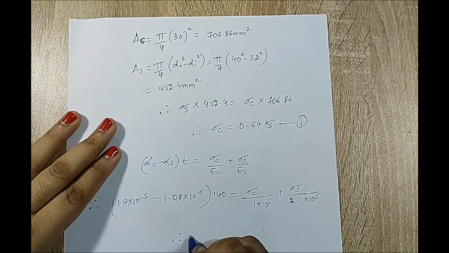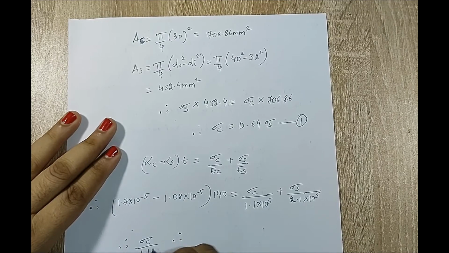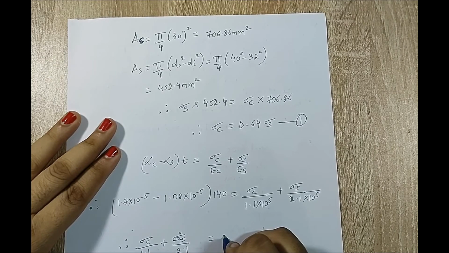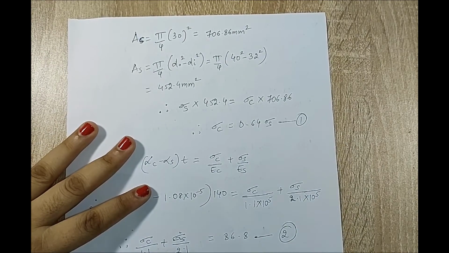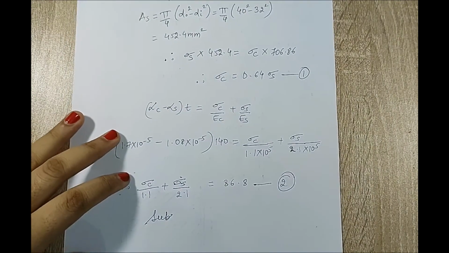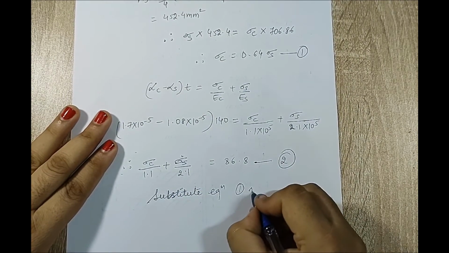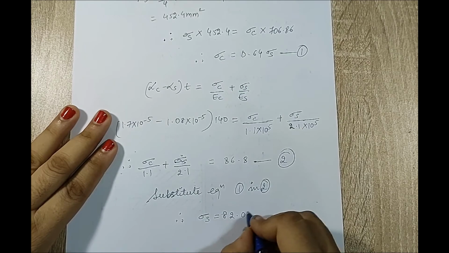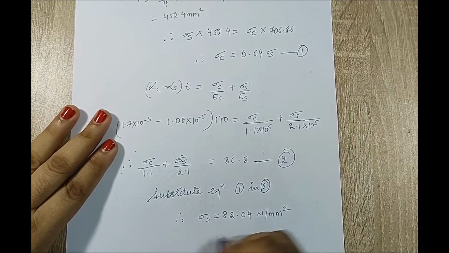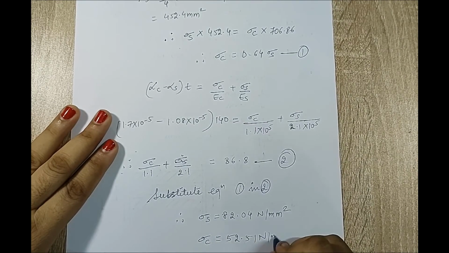So therefore here I'll just interchange the sides. So I get sigma C upon 1.1 plus sigma S upon 2.1 is equal to 86.8. This is what I get. So this is my equation 2. When I substitute equation 1 in 2, I will get sigma S as 82.04 Newton per mm square, and the value of sigma C I get as 52.51 Newton per mm square.